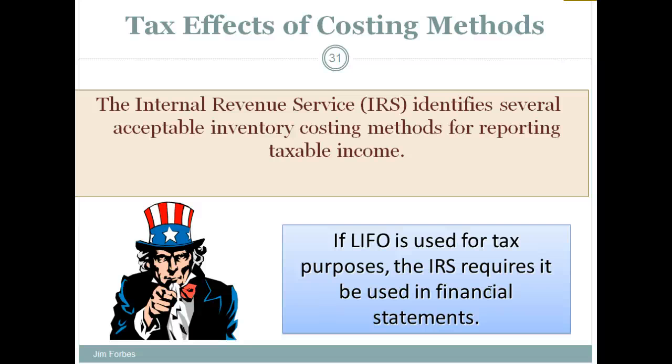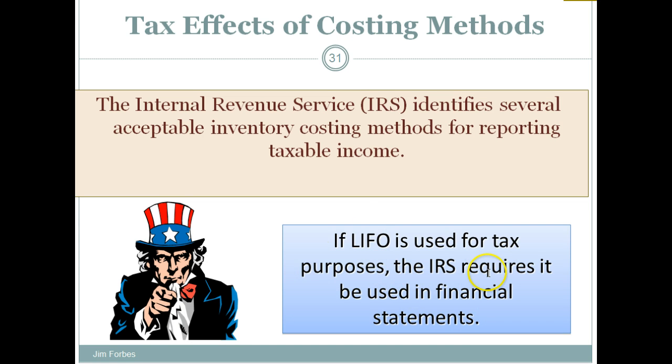The Internal Revenue Service identifies several acceptable inventory costing methods for reporting taxable income. And most, again, choose FIFO or LIFO. If LIFO is used for tax purposes, the IRS requires it be used for financial statements. So this gets a little bit complex. While each business has the freedom to choose, there can be some issues depending on the method, such as in LIFO.